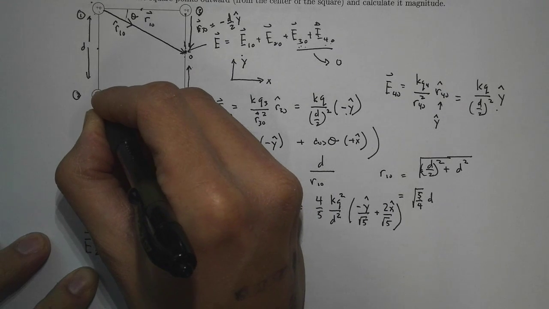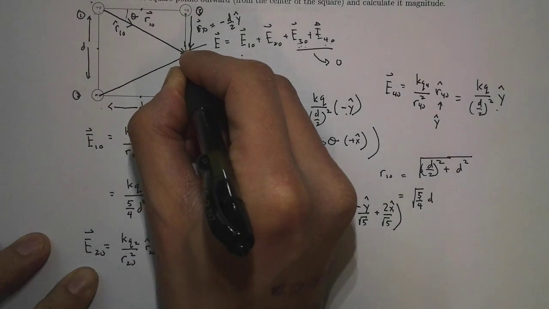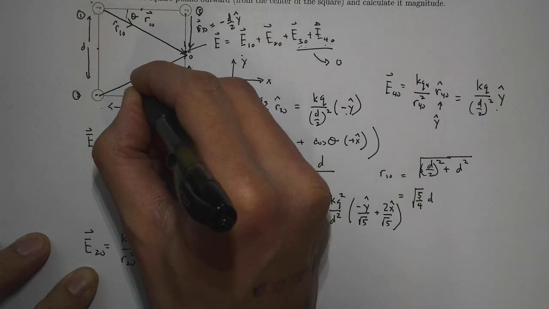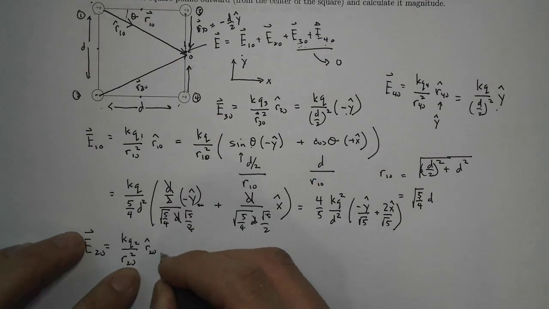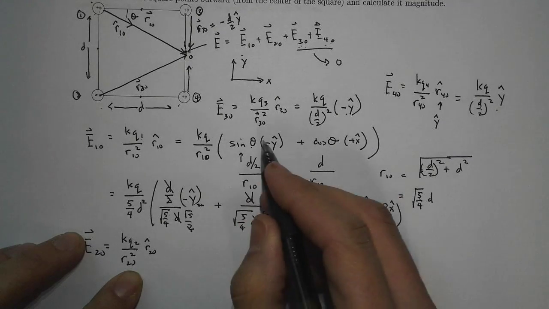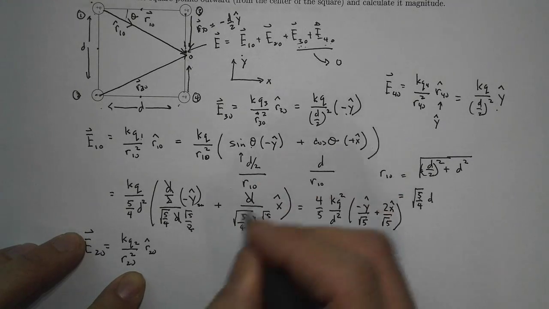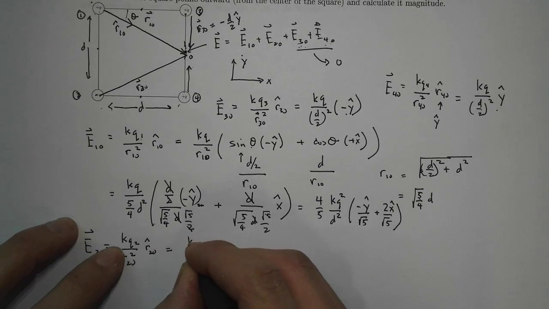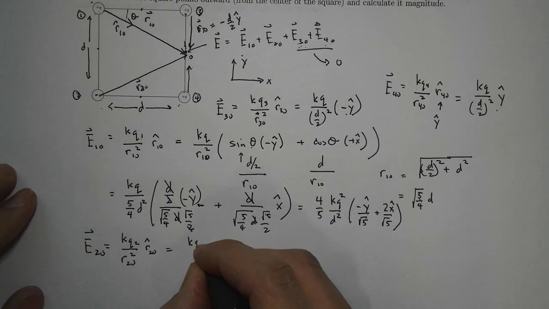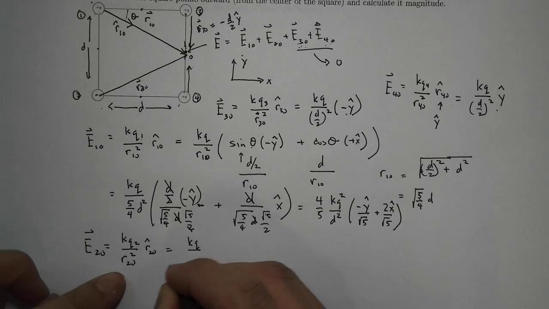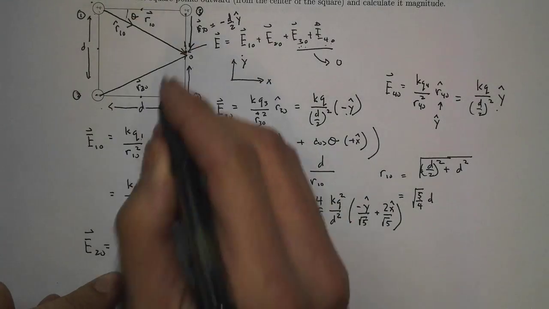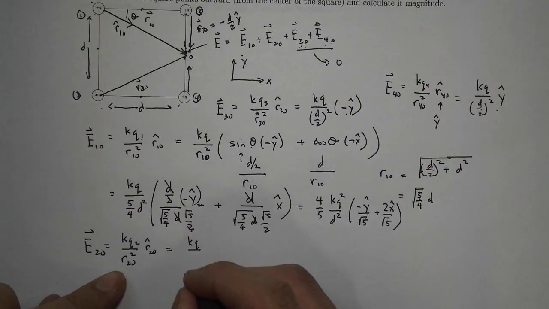Because of the beautiful symmetry in this problem, this thing is almost the same, but with different signs. So let's do this correctly. kQ2 is just positive Q divided by R12, which is the same distance as R10 because of the symmetry of the problem.